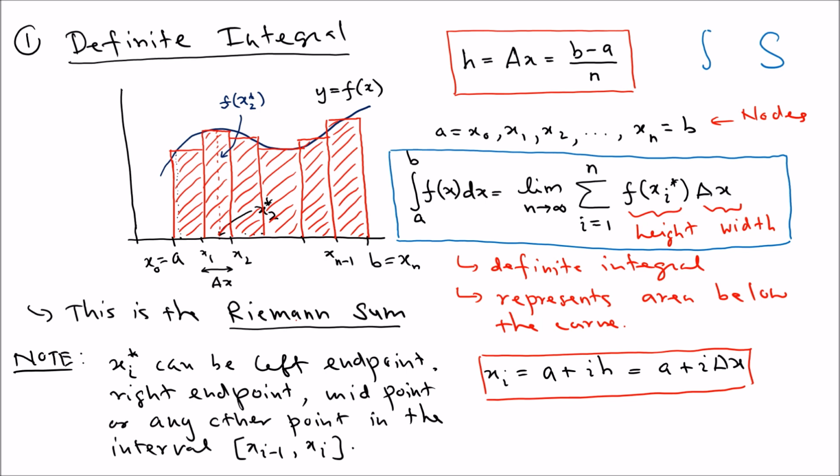So let's have a few more things that are important. Now the question is, because this is a limit, what do you know about whether this limit exists or not? Remember in Calc 1 you talked about limits, and there are some limits that don't exist. So how do you know whether this limit exists or not? There's a theorem for that.